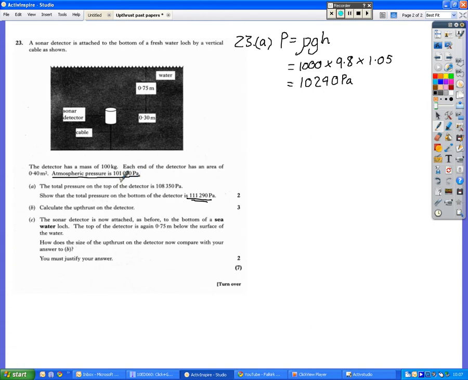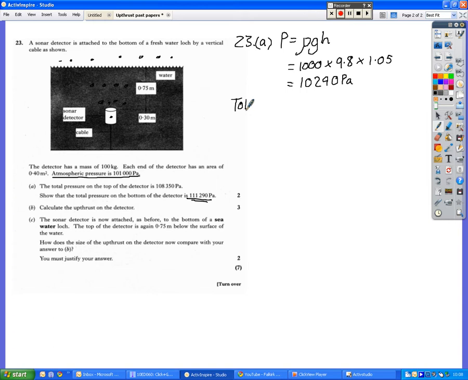Anytime you have atmospheric pressure, you have to include it, because imagine we've got all these little molecules in here pushing down on the top surface of this object. We've also got loads of molecules in the air pushing down on the top surface of that water. So it's everything that's above that, and we need to add that on. It makes it easy for you because it gives you the answer, and just by looking at the numbers you could tell you would have to add that on.